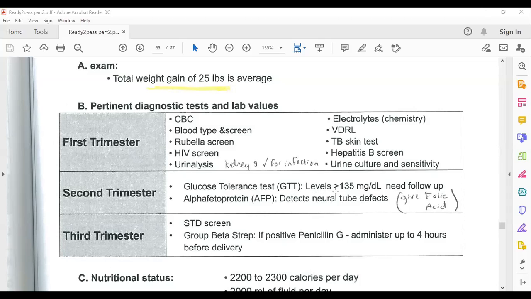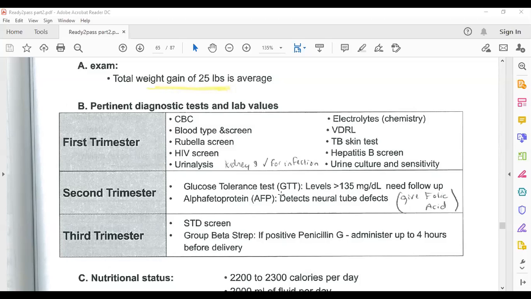If the level is more than 135 milligrams per dL, she needs follow-up. The glucose tolerance test is taken at 24 to 26 weeks, with no fasting.